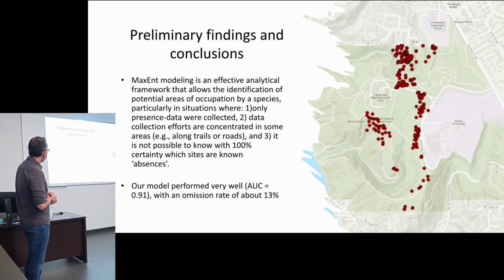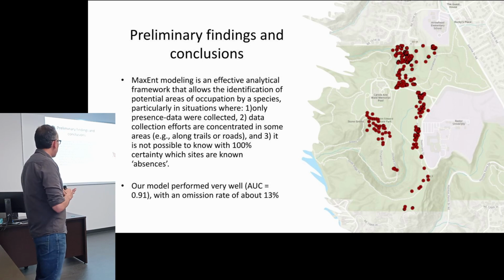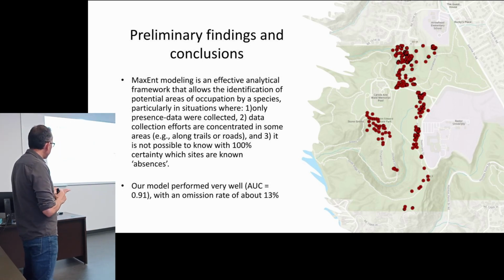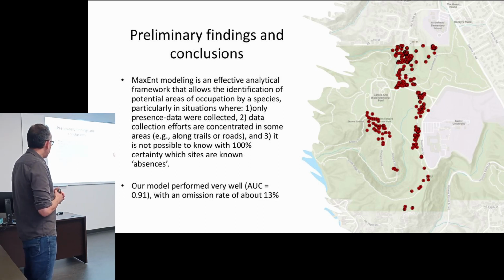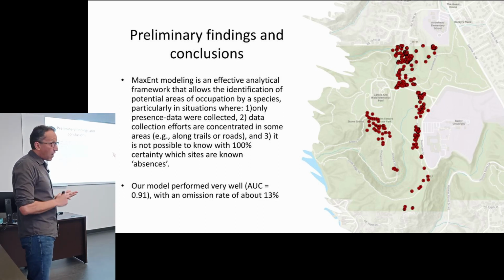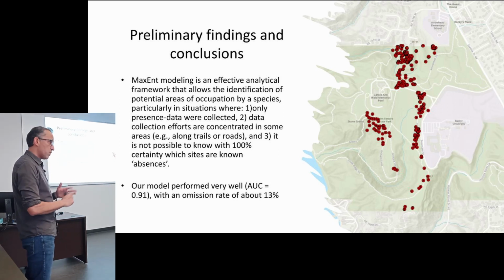All right, so some findings and conclusions. Again, this is all preliminary. But we're really liking what we see from this model that's called Maxent. So Maxent is proving to be an effective analytical tool that we can rely on to do this type of prediction, especially in situations like ours, where we can only rely on presence data, so we don't have absence data.